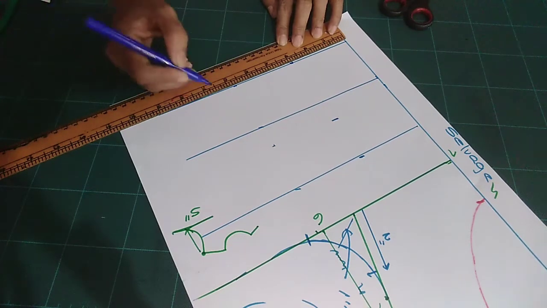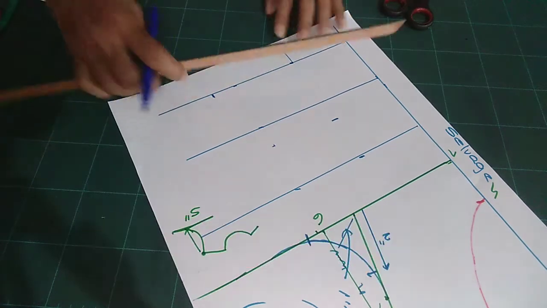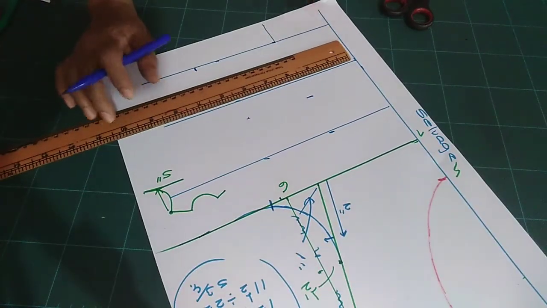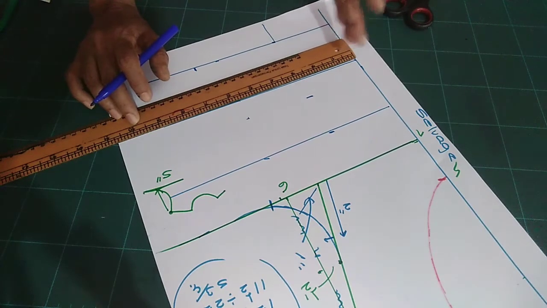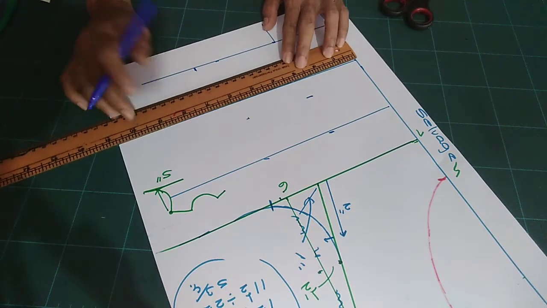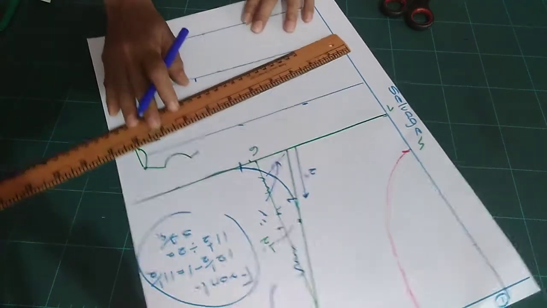Okay, it's equal to 6 3/4. Under bust circumference is also 23 inches, divide by 4 and add 1 inch for dart, equal to 6 3/4.